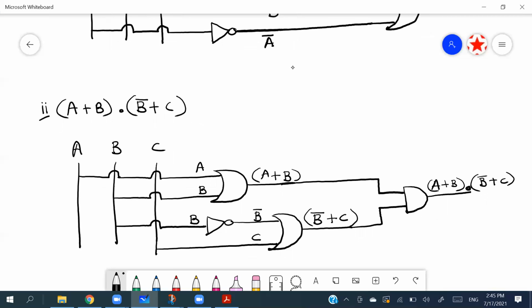Do the corrections, everyone, and I need your confirmation regarding this circuit drawing. Is it clear to you? Yes, everyone, is it clear? Right, great.